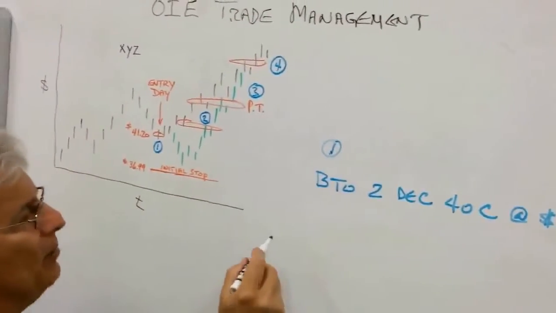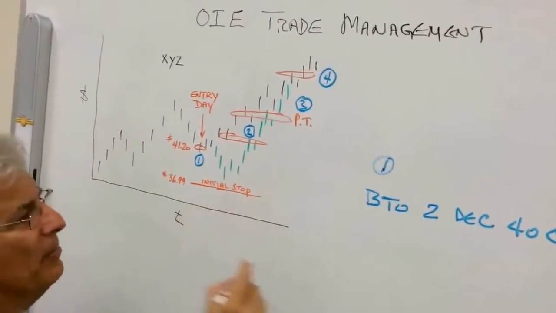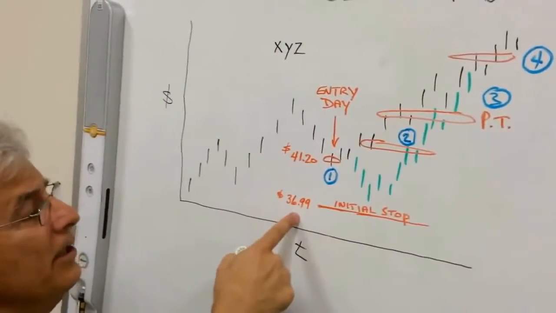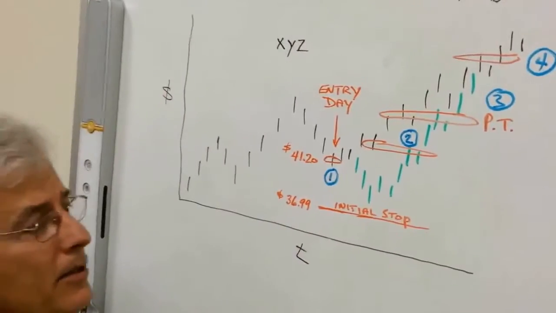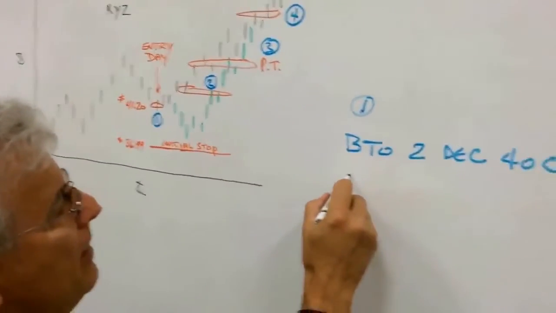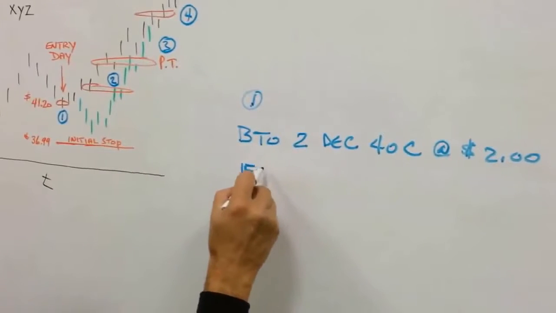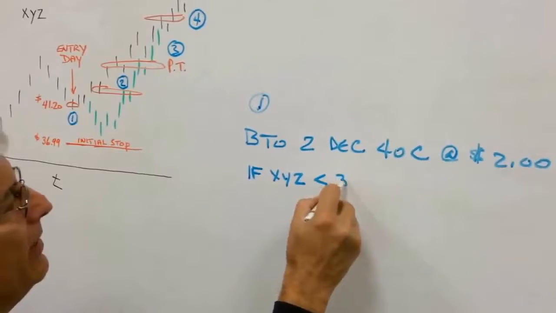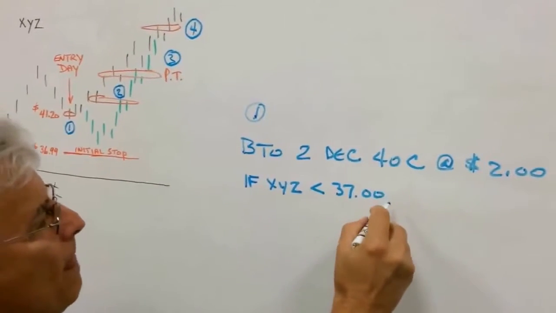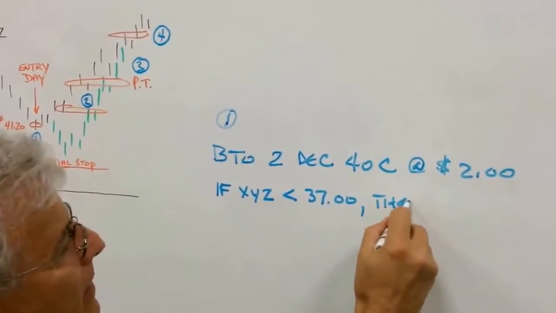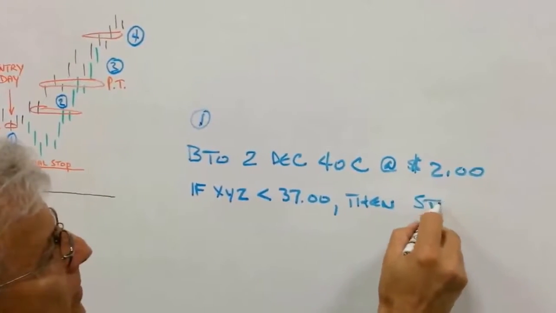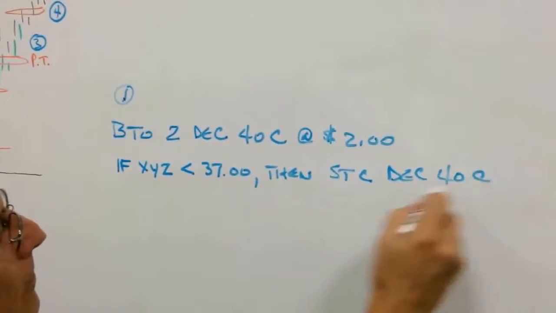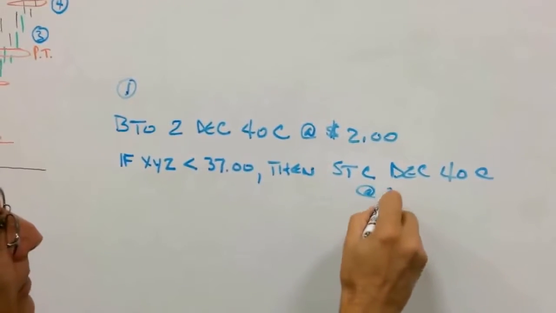Now at the same time, we want to load in our trailing stop. And the software in this example, let's say, said the initial stop was at $36.99. So what we're going to do is say if XYZ is less than $37, then sell to close the December 40 call at market.